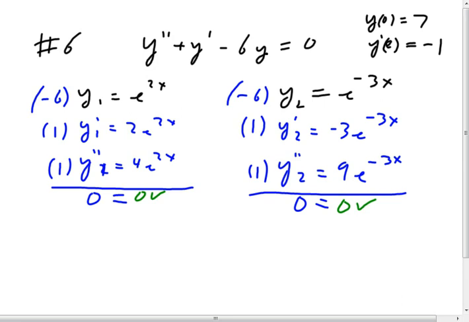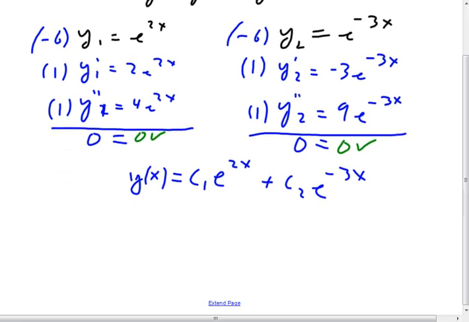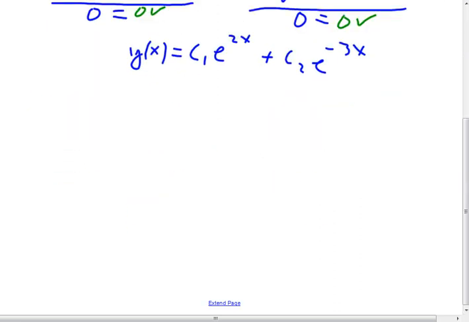So that being the case, y of x is going to be in the form of a general solution, c1 e to the 2x plus c2 e to the minus 3x. And now we have to solve for c1 and c2.